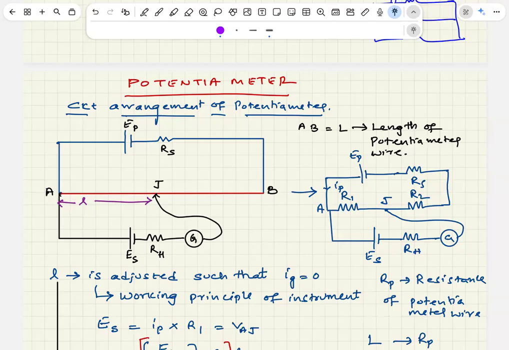Once the circuit is closed, what you need to do is check touching here versus touching here. By touching here, if it shows a leftward deflection, by touching here, if it shows rightward deflection, yes, there is a possibility somewhere in between where the galvanometer shows zero deflection. That point is called balancing.